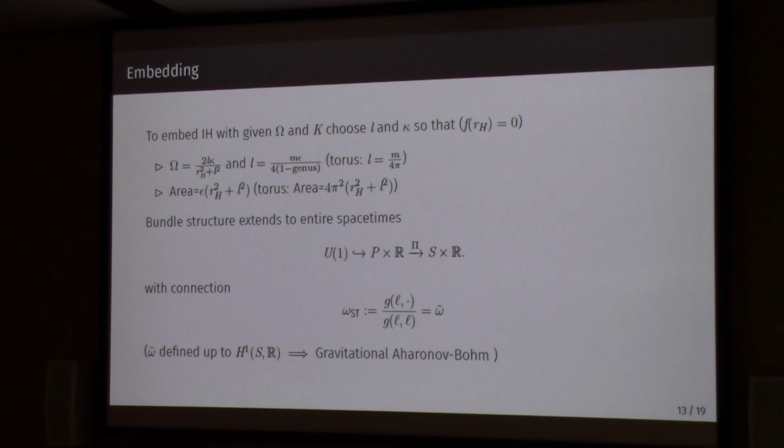The other interesting fact is that this bundle structure, of course, in quite a natural manner extends the bundle structure defined on the entire spacetime. So we just extend this bundle by R. And then the role of the connection is played by this guy. It's quite clear that acting on the vector field L, it just gives 1 as before.